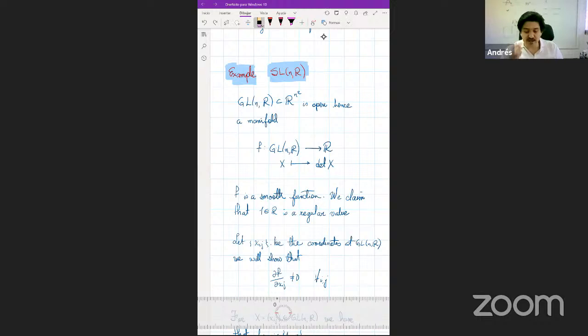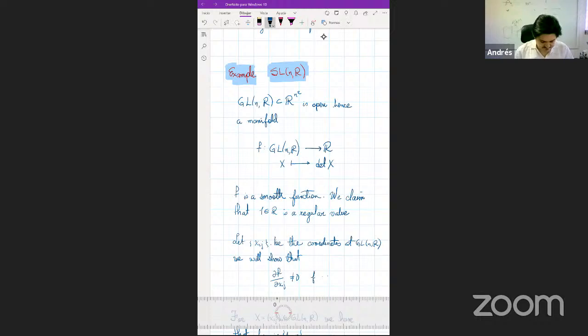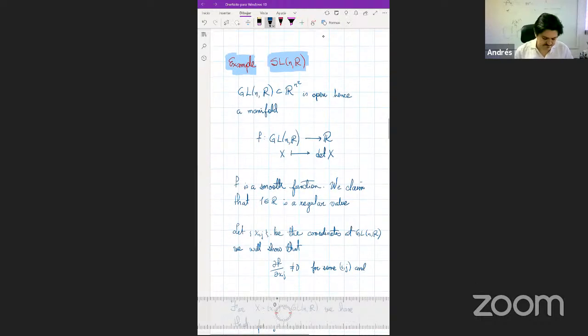And that will show that I have a regular value. I mean, this is evaluated at some matrix.